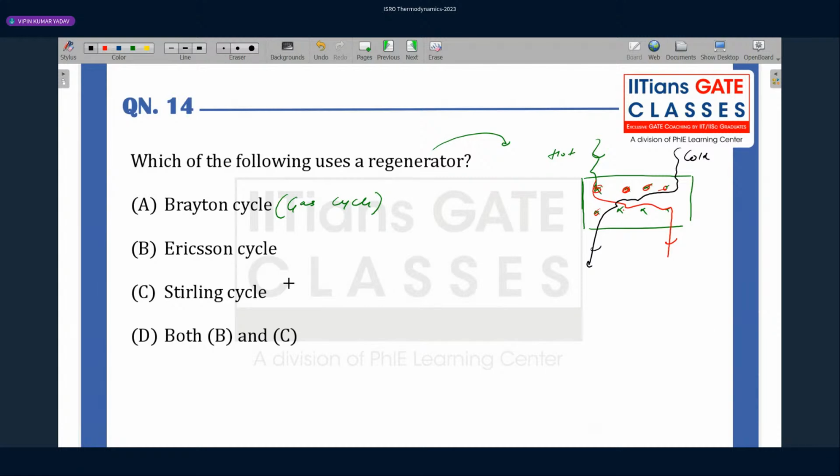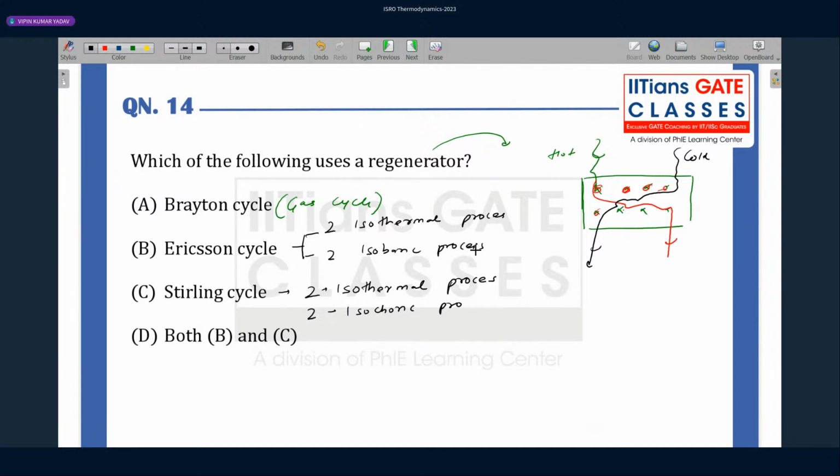So the Stirling cycle uses two isothermal processes and two isochoric processes. The Ericsson cycle uses two isothermal processes and two isobaric, constant pressure processes.